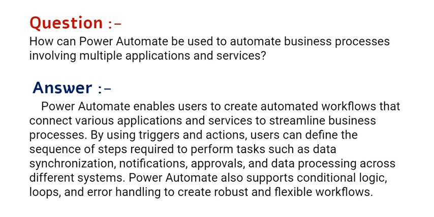By using triggers and actions, users can define a sequence of steps required to perform tasks such as data synchronization, notifications, approvals, and data processing across different systems. Power Automate also supports conditional logic, loops, and error handling to create robust and flexible workflows.